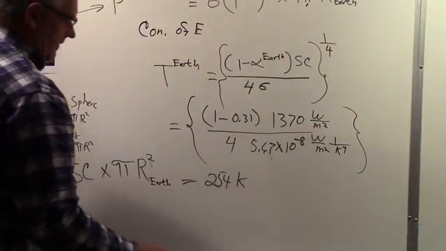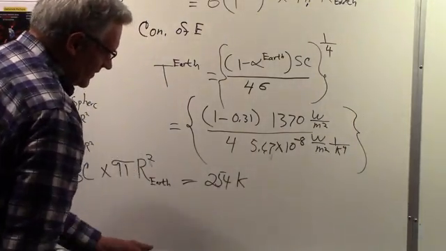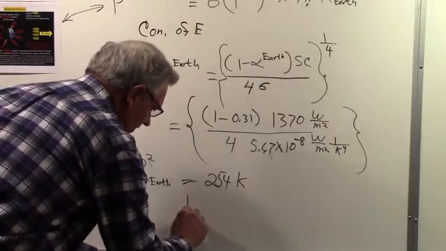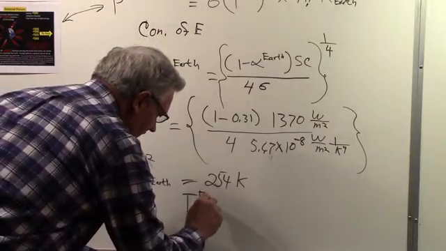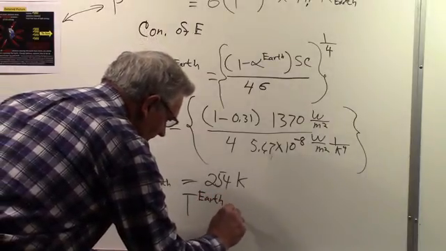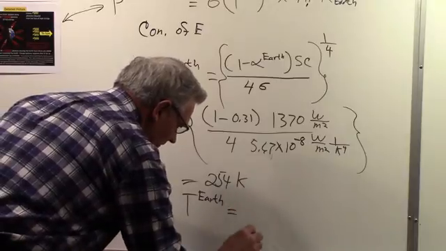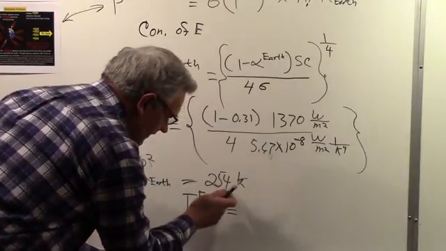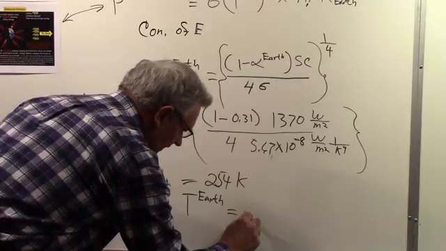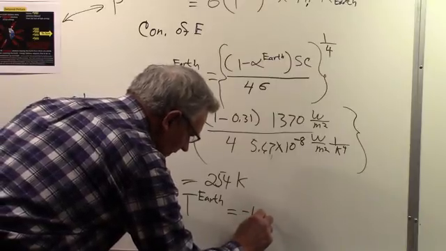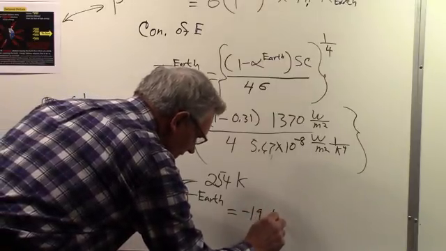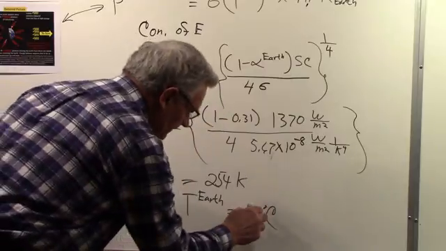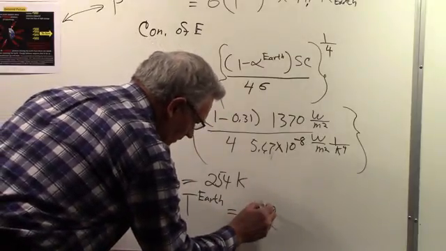That's below zero, so if you convert the Kelvin to centigrade, the temperature of the Earth will be minus 19 degrees centigrade. So that's well below freezing.